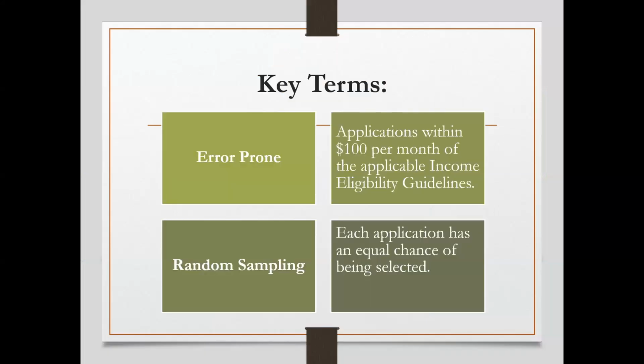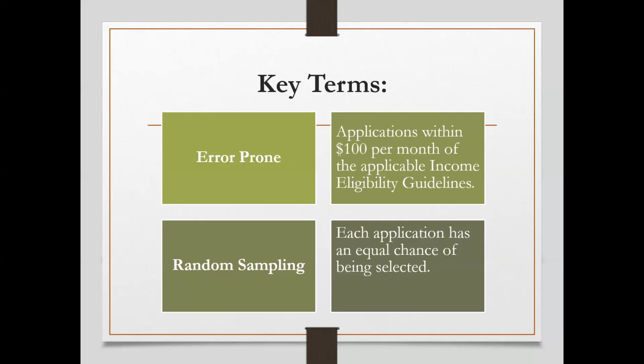Another term that you will hear is error prone, which are applications that are within $100 per month of the applicable income eligibility guideline. So, for example, if we're looking at the income eligibility guideline for 2024-2025, a household of four within the monthly income of $3,380, so if it falls within $100 of $3,380 for the free benefit, or if it falls within $100 of $4,810 for the reduced benefit, and this is for a household of four, then that's going to be error prone.